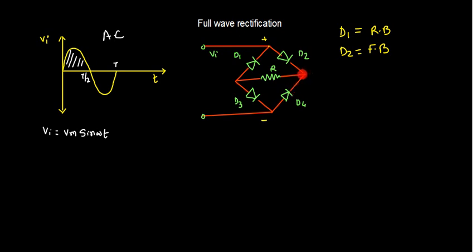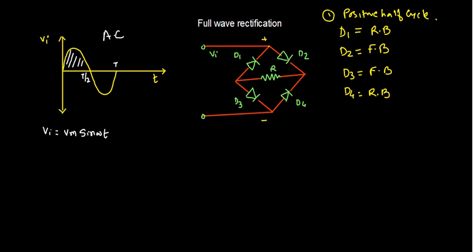So current will flow this way and go further through D3. D3 is going to be in forward bias and D4 is going to be in reverse bias. So we can write directly that D3 is forward bias and D4 is reverse bias. This is for condition 1, that is, the positive half cycle.